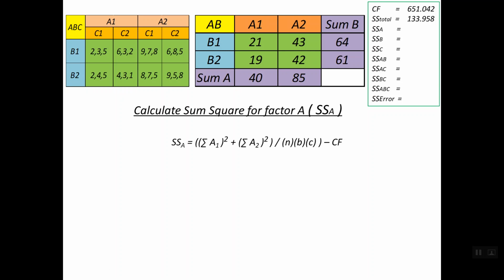For the formula to calculate the SS for factor A, we have 2 levels for A, which are A1 and A2.